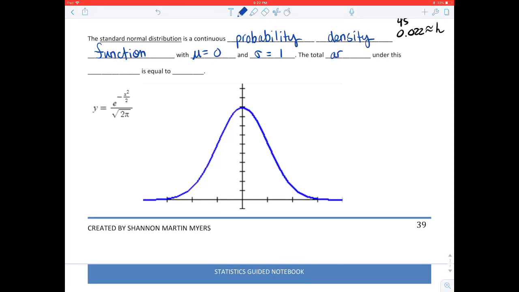The total area under this curve is what? Awesome! 1. Okay, so far?